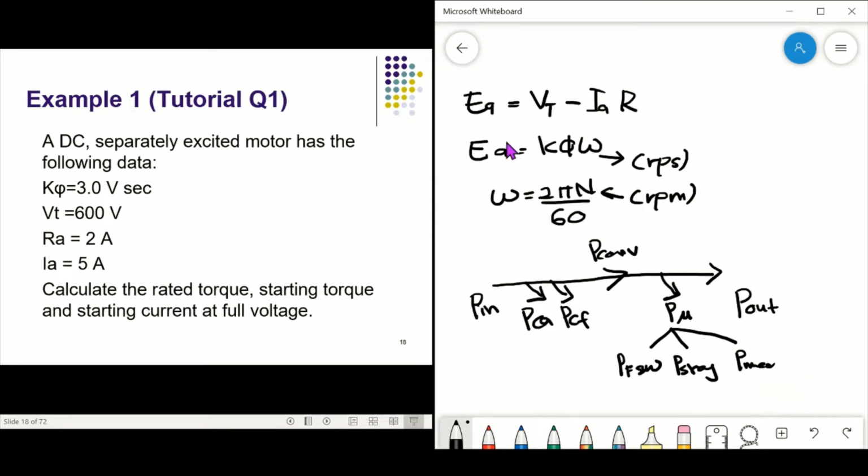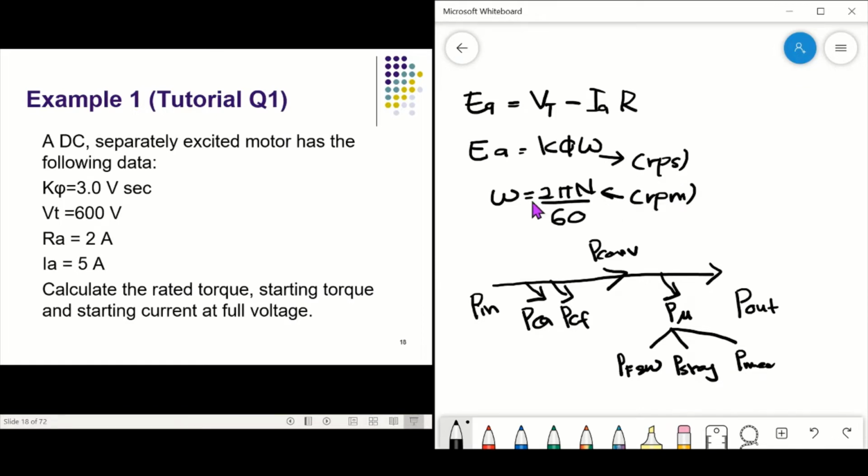We have EA equal to VT minus IA R, and this R is either RA or RA plus RF series, depending on the type of motor. And then we have the equation where EA is directly proportional to the speed, and omega is angular speed in radian per second.